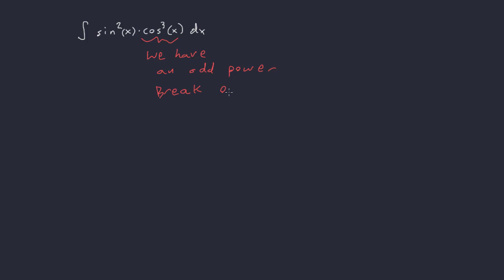So our technique here is to break this up. So break off a piece. It might seem strange what that actually means, but what we're going to do is break this up into a cosine squared and a cosine. So we're going to break off a cosine. Let me write that. We'll break off one cosine.